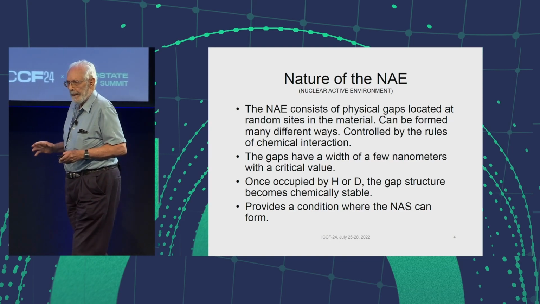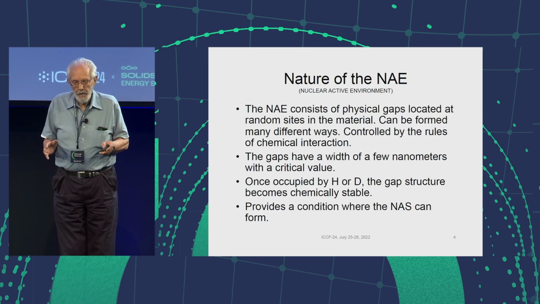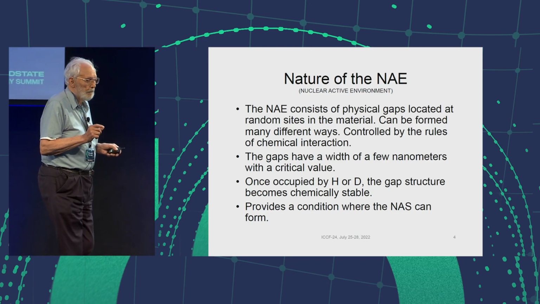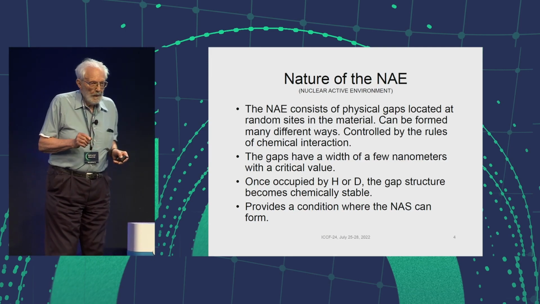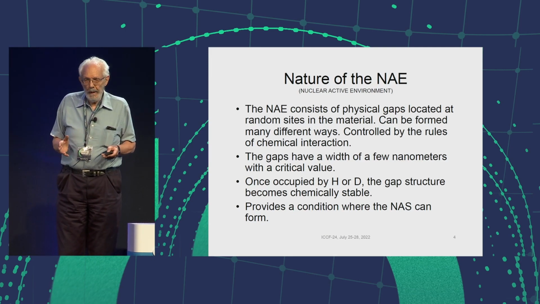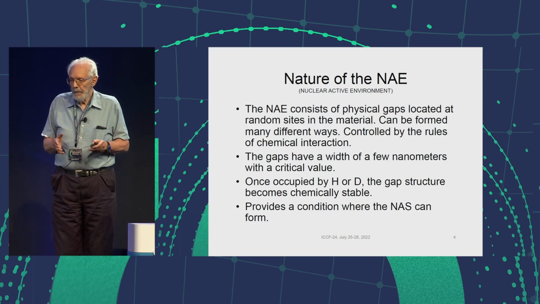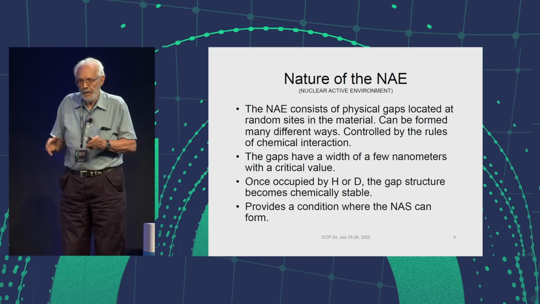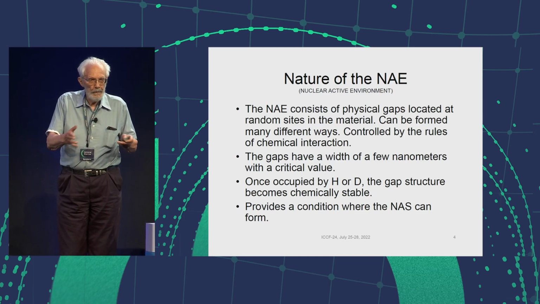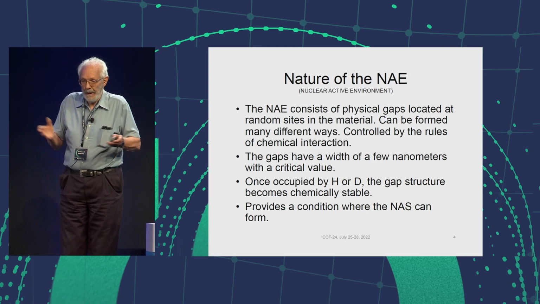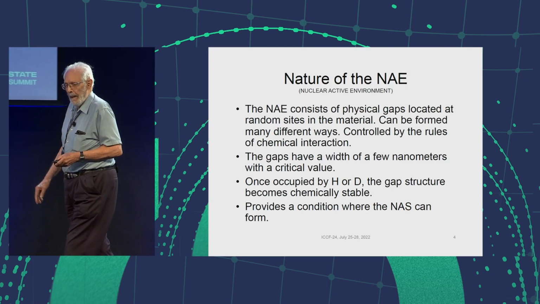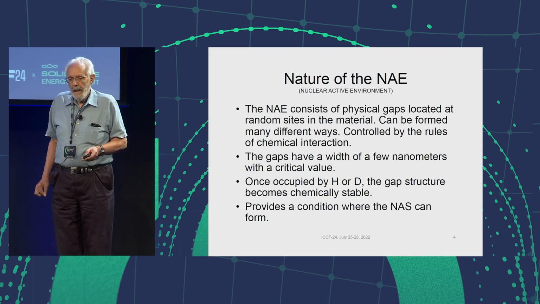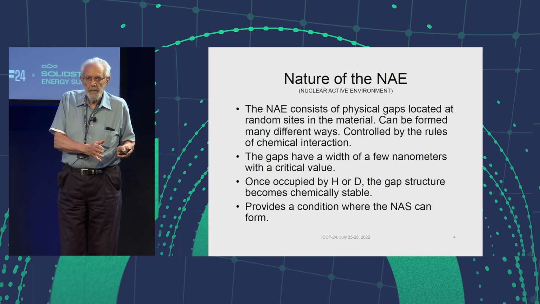Now, I believe that this nuclear active environment are gaps, physical gaps, small cracks, but too small to even see with an electron microscope. So we're talking about something happening on the nanoscale, which is also very frustrating because it's very difficult to study things where you can't see it. I believe the gaps have a couple of nanometers in size, but once they're occupied, they become stable.